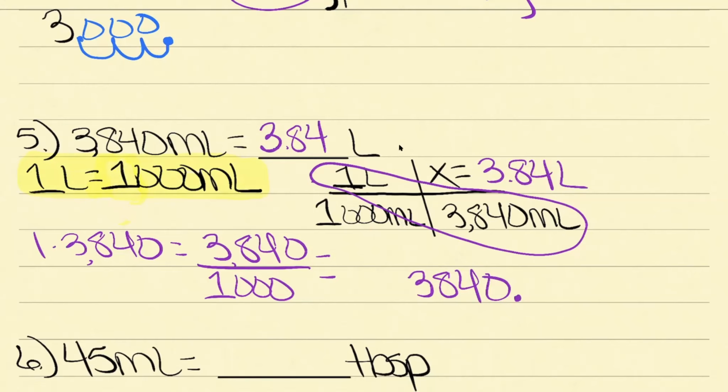So we are dealing with the 1,000, so that's why we're moving 3 places. So 1, 2, 3, and there's my new decimal spot. So that's 3.84, just like we got 3.84 liters.